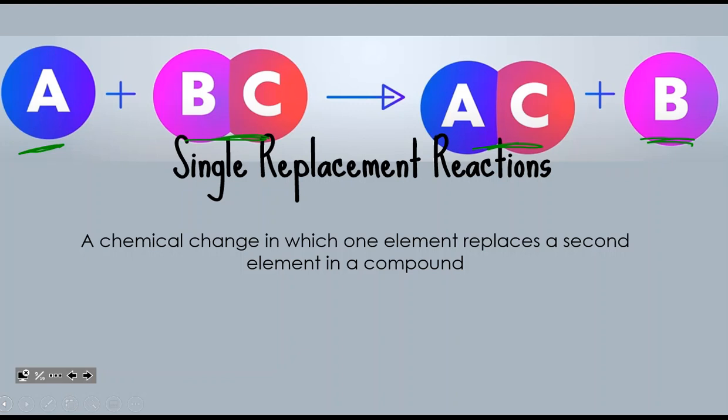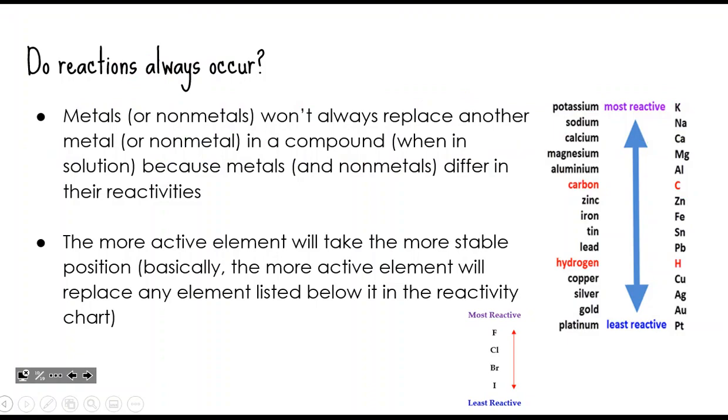However, sometimes elements aren't reactive enough to do the switching, and we have to look at something called the activity series. Do they always occur? No, they don't always occur. And this listing over here, and you can Google plenty of them, is called the activity series.